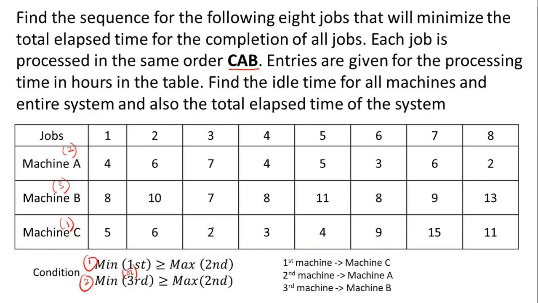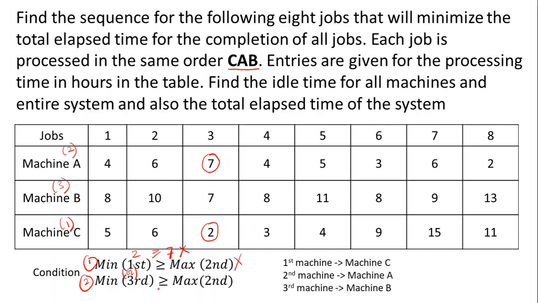The minimal value is 2. So 2 is greater than or equal to the max of the second mission, mission A. The maximum value in this row is 7. So 2 is greater than or equal to 7. This is entirely false, so this statement is wrong.